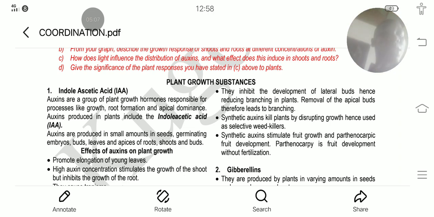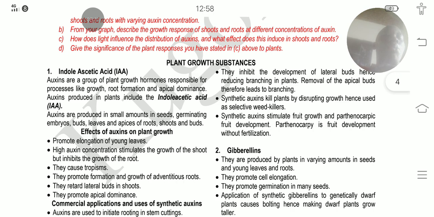And another one is that synthetic auxins kill plants by disrupting growth, hence they are used as selective weed killers, the so-called weed masters used for controlling weeds in gardens. They are synthetic, made artificially, so they follow that order of auxins.